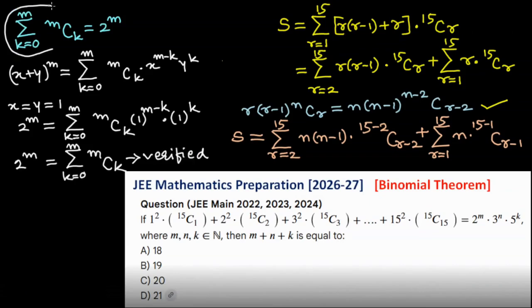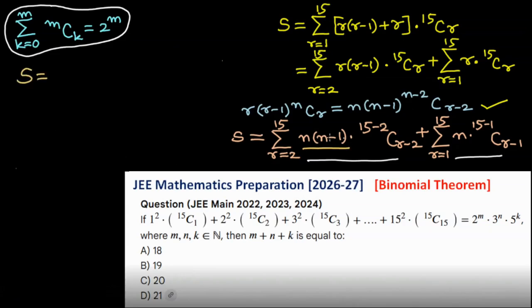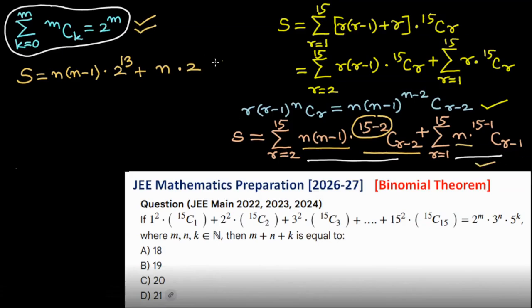Now we will use this property here and here. So S will become n into (n minus 1) into, for this, (15 minus 2) C(r minus 2). According to this property, we will write 2 power (15 minus 2), 13, plus for the second summation, by applying this property again over here, we write n into 2 power (15 minus 1), 14.